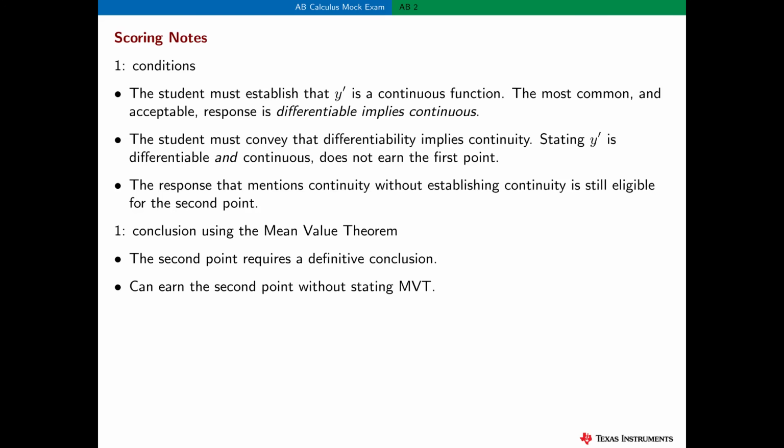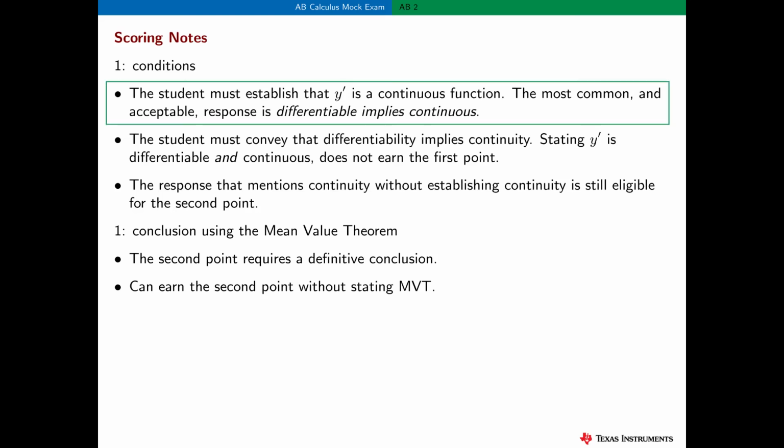Here are some interpretations of these scoring guidelines. Now once again, the student must establish, convey in some correct manner, that the function y prime is continuous. The most common responses that we see in this type of problem are "differentiable implies continuous" or "differentiability implies continuity."